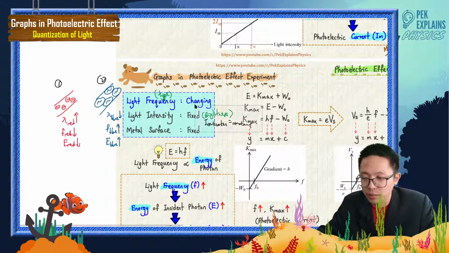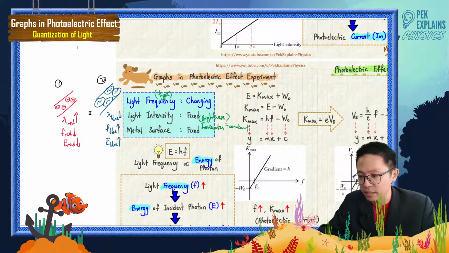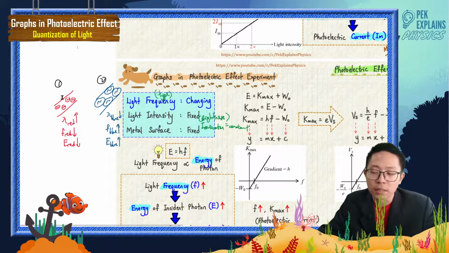I just want to make this green color. The saturation current will be constant because the number of photons is the same, so they eject the same amount of electrons.